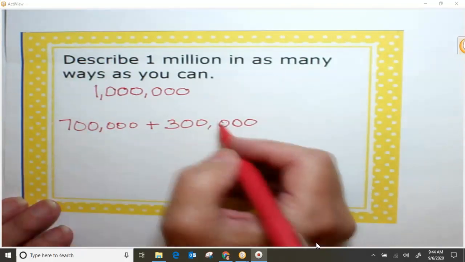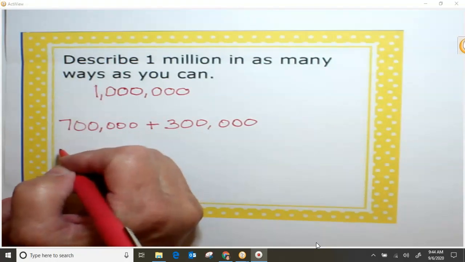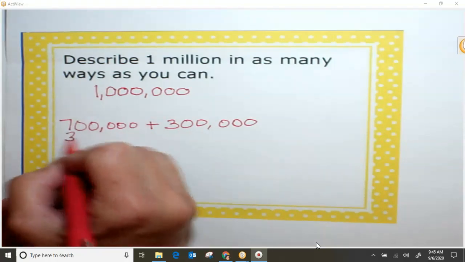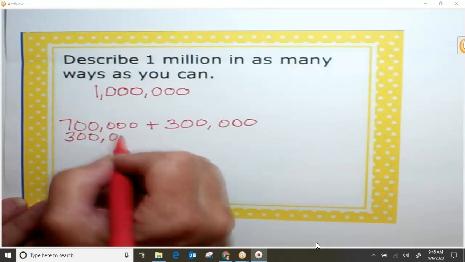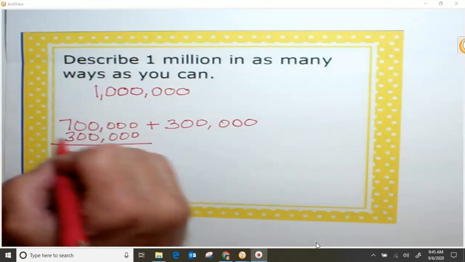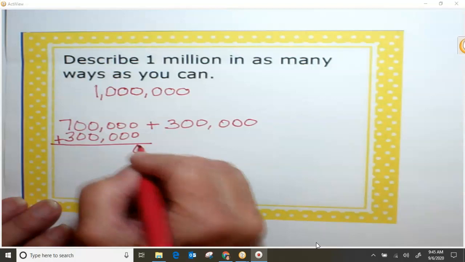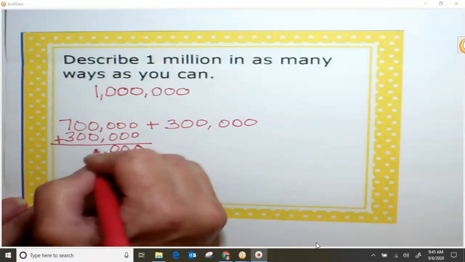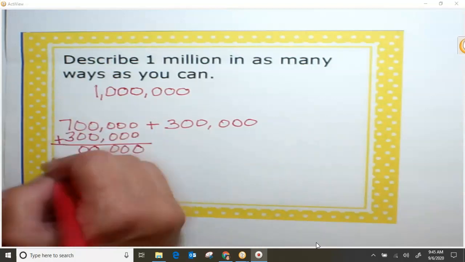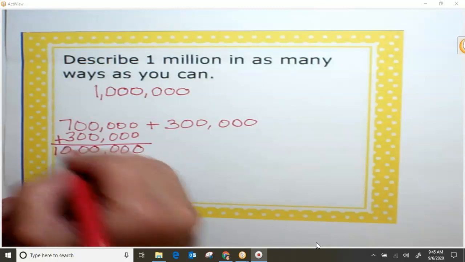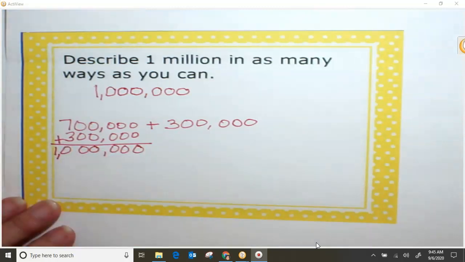Because if I were to put the 300,000 under the 700,000 like this, and I added them up, 7 plus 3 is 10, my comma goes here, and then I have my 1 million. So that's one way I can say it, and I can do any combinations of ways that are going to make 1 million.